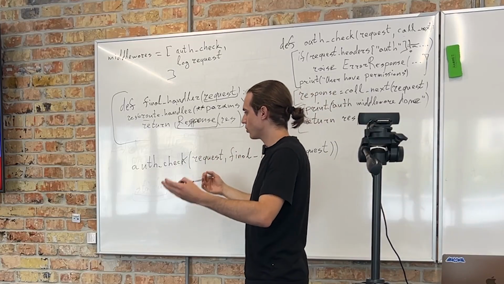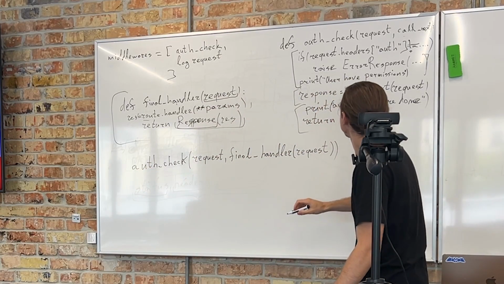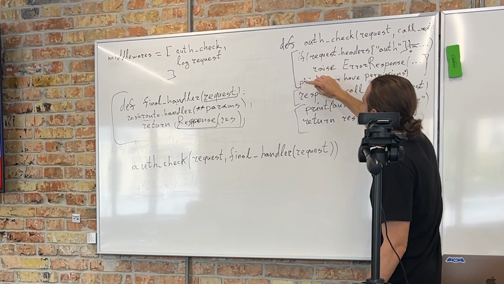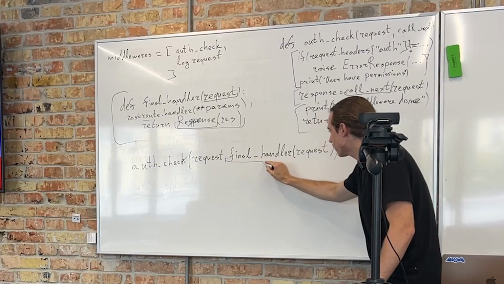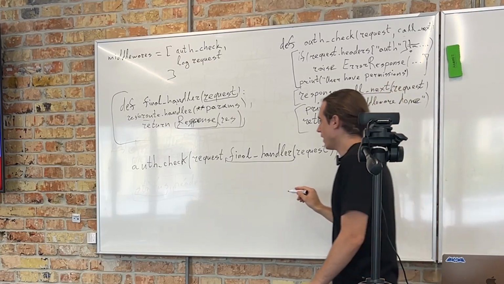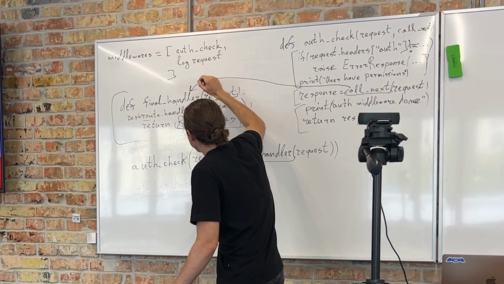This process will look like this. We call our auth function, we move here, we do some logic. Then we call next, but call_next is our final handler, and from this we move to here.